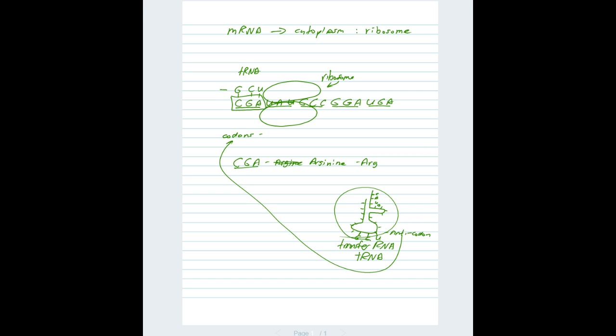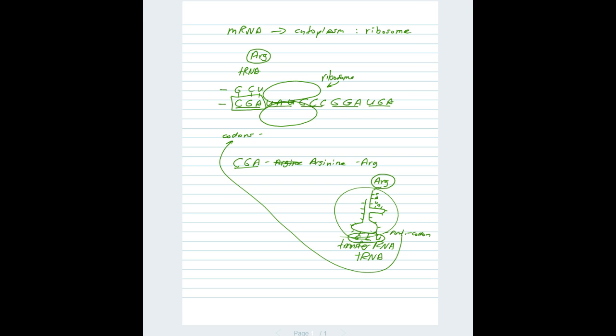So anticodon, codon. Now, it's called transfer RNA for a reason. It transfers, it actually carries an amino acid. So I'm going to represent the amino acid as just a circle. And this amino acid that's being carried by this particular transfer RNA with this particular anticodon is called arginine. So it brings arginine, ARG, to the ribosome.